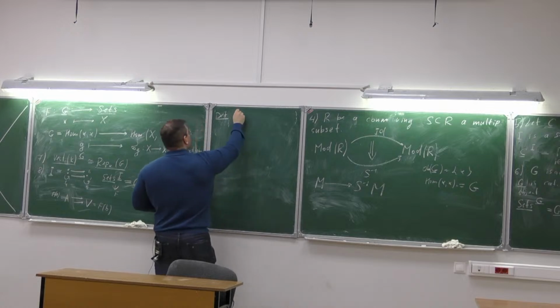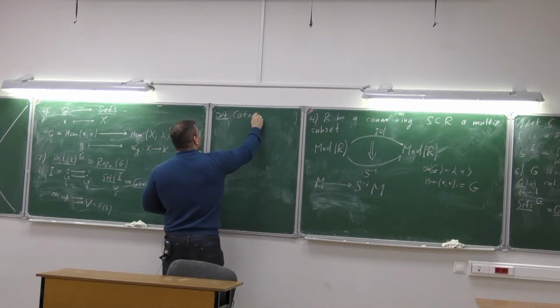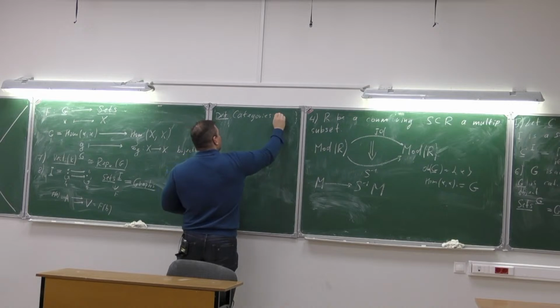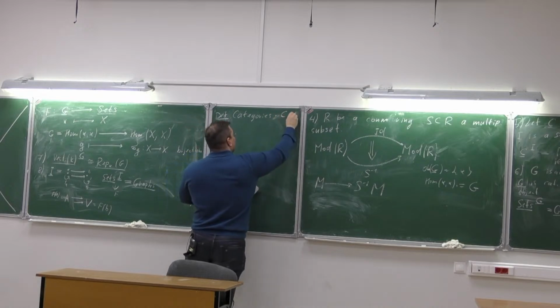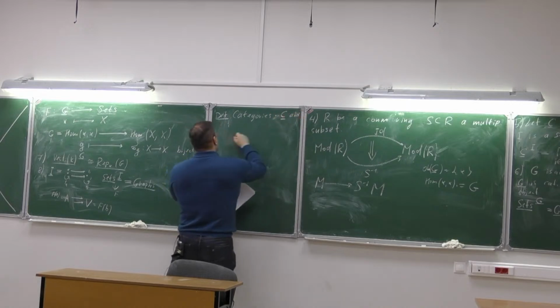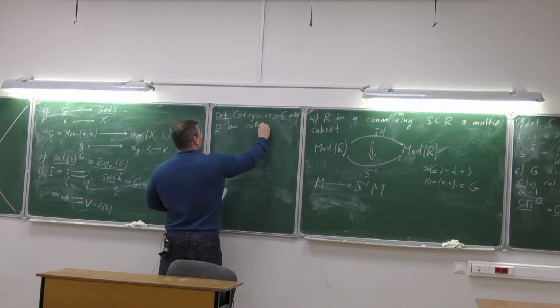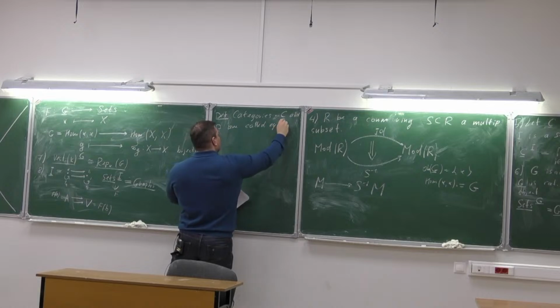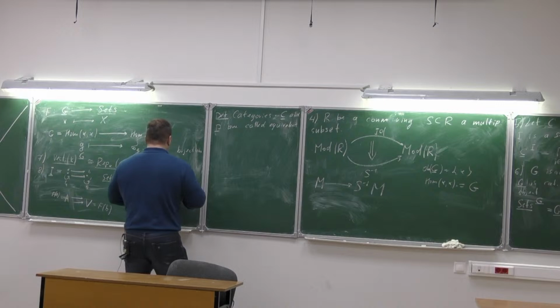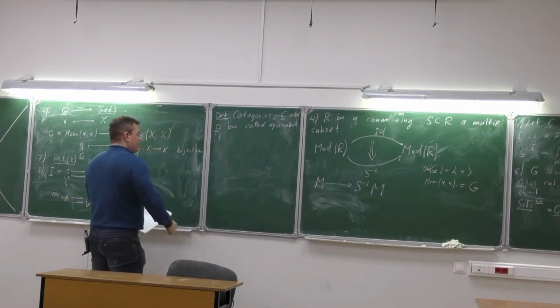So categories C and D are called equivalent. Well, you can compare this with the definition of isomorphic categories.